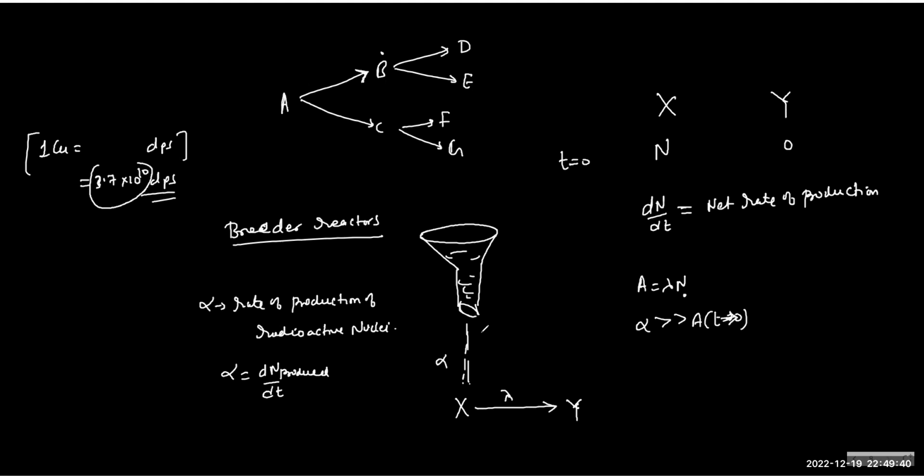The activity will begin once you have a sufficiently large number of N, because lambda is a very small number, isn't it? Lambda is a very small number. Do you realize this? You may not. To give you a rough estimate, the half-life of carbon is how much roughly?